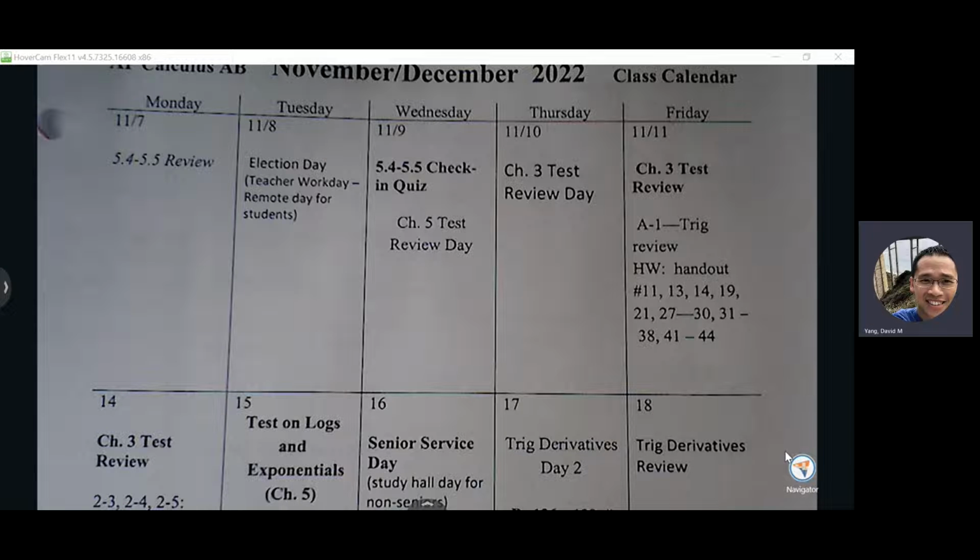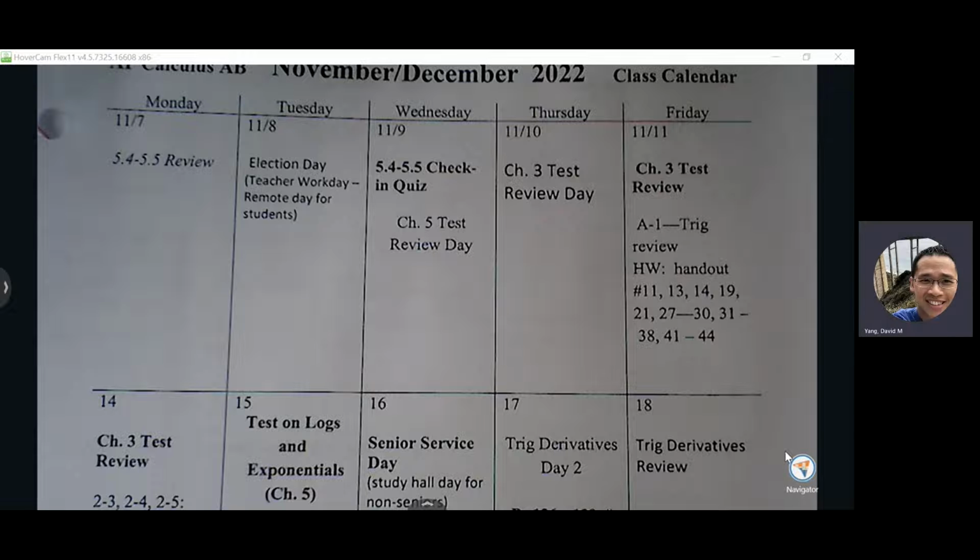But we can also spend the rest of the period to do chapter 5 test review. Sorry, all this should be chapter 5, not chapter 3. And then Thursday, we'll do a full chapter 5 review day. Friday initially was going to be a chapter 5 test, but I'm going to push it to next Tuesday.